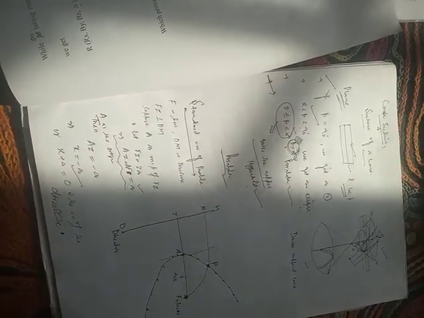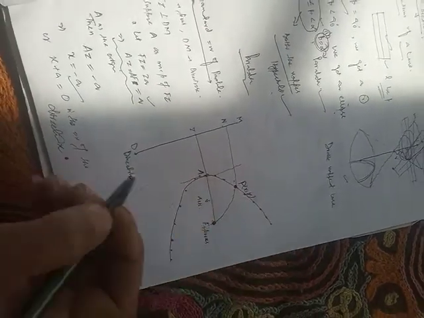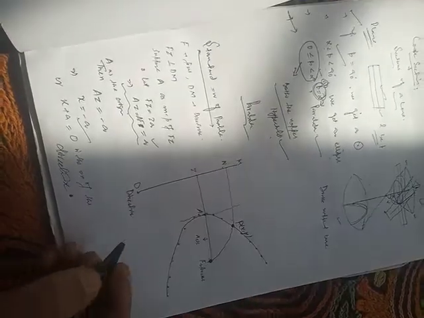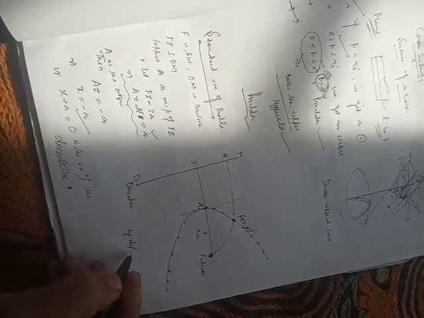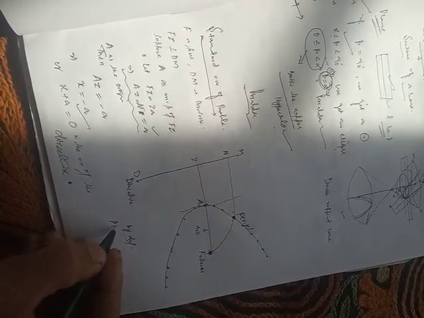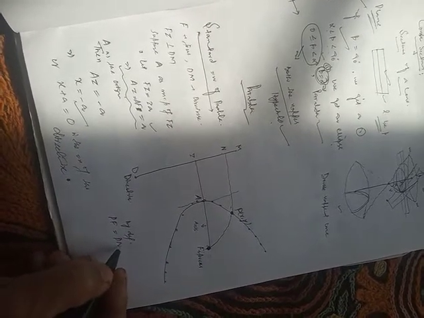Now we will use the definition. Suppose point P(x, y) lies on the parabola. By definition, we have PF is equal to PN.